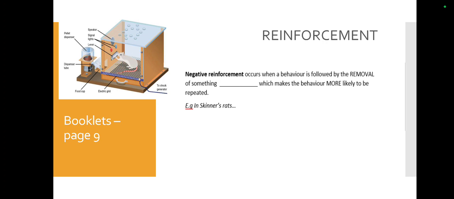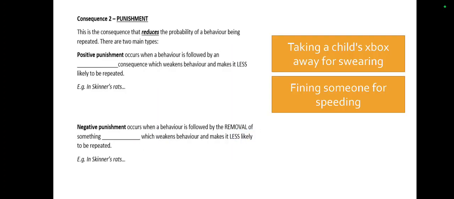So again, in the Skinner's rats example, what was removed when they pressed the lever? You remember? It was the electric grid. So that's negative reinforcement, taking away something unpleasant, which makes them more likely to press that lever again. So making sure we've got those 2 examples filled in.